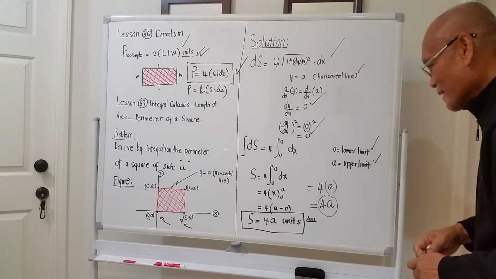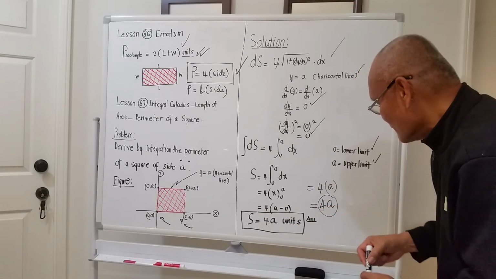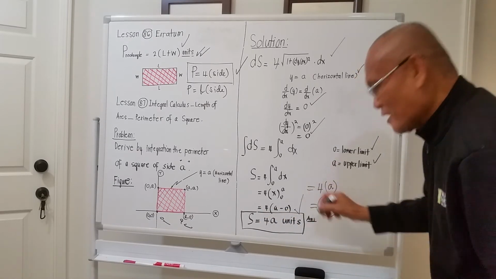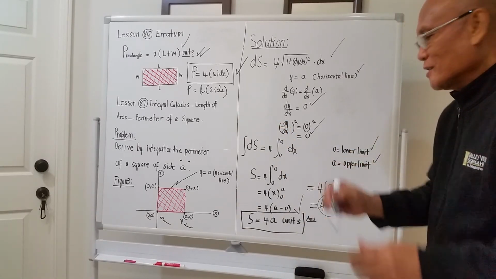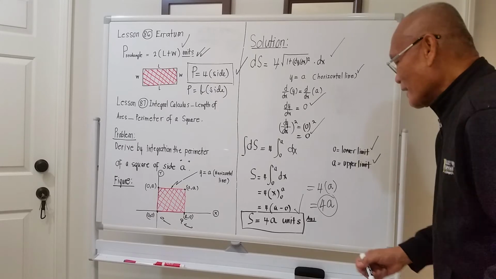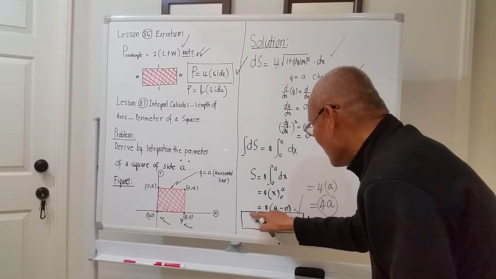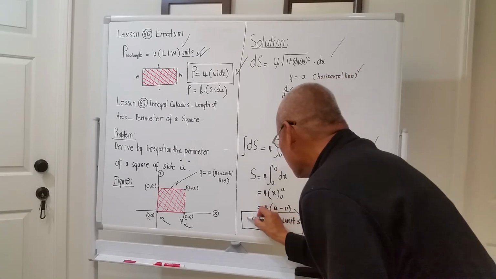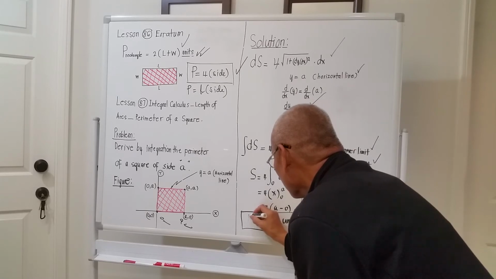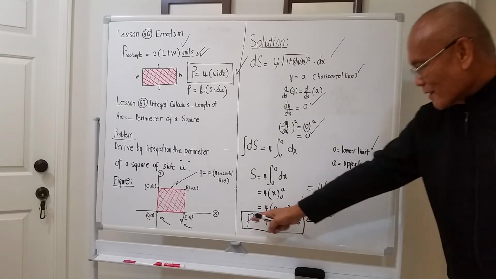So the final answer is S equal to 4a units. It's just a unit length, the distance going around. Actually, I could now replace this S with P. P refers to perimeter.